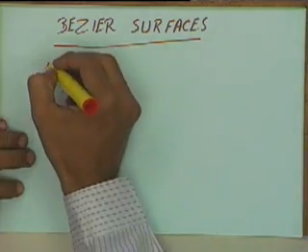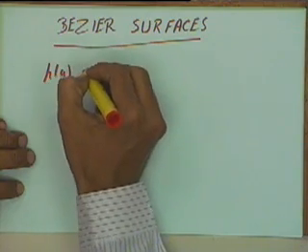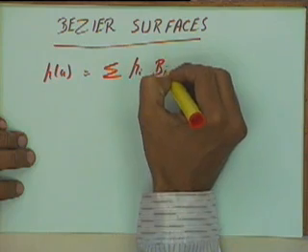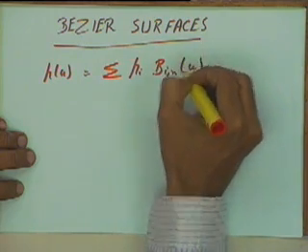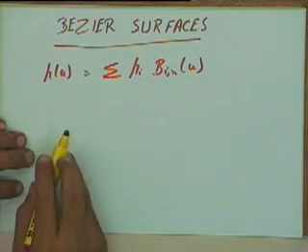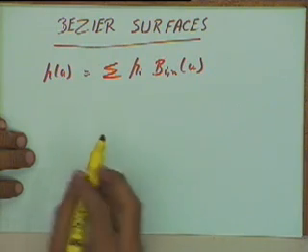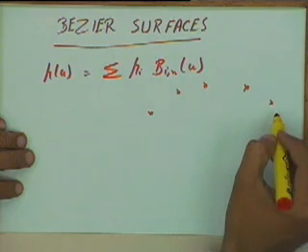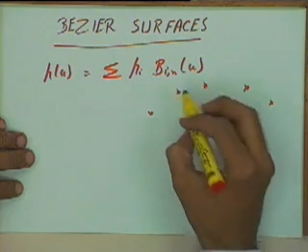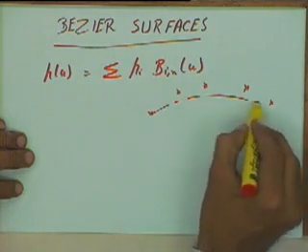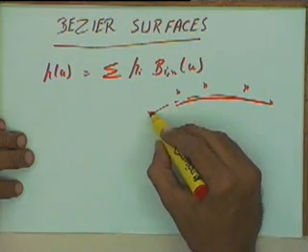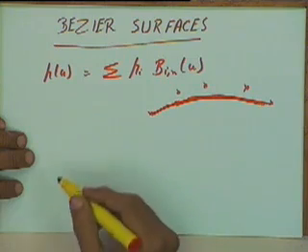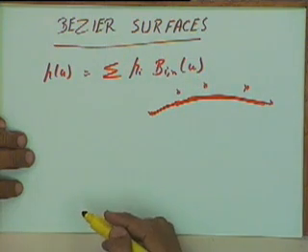For Bezier curves we have mentioned P of u will be sigma p i multiplied by the Bernstein basis function of u. In this case we are giving a set of control points as the input, and a curve is being defined within the convex hull of these points.